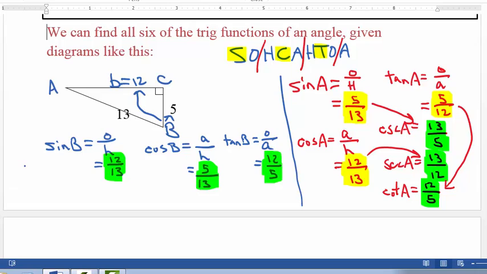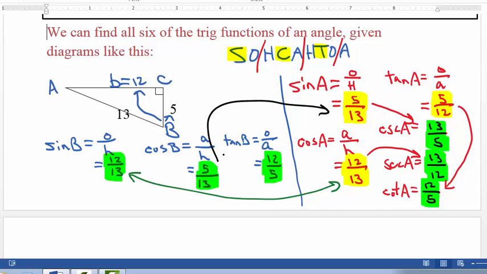But another thing that you should probably notice here is that the sine of B and the cosine of A were the same, right? And also the cosine of B and the sine of A were the same.